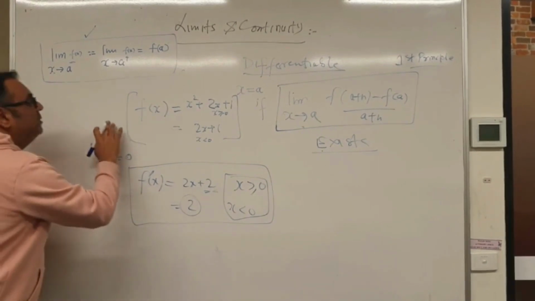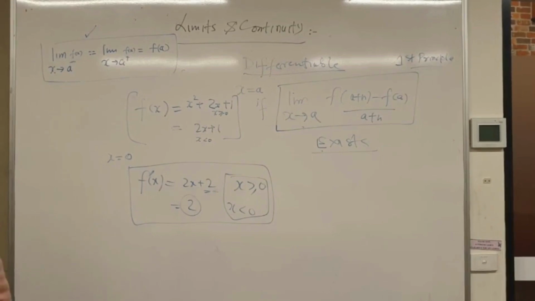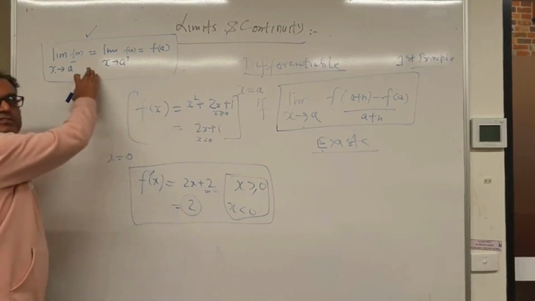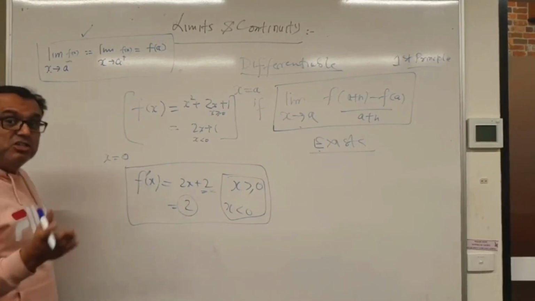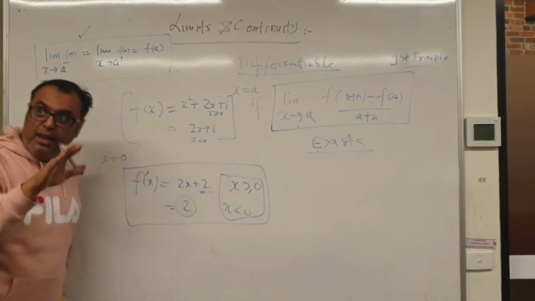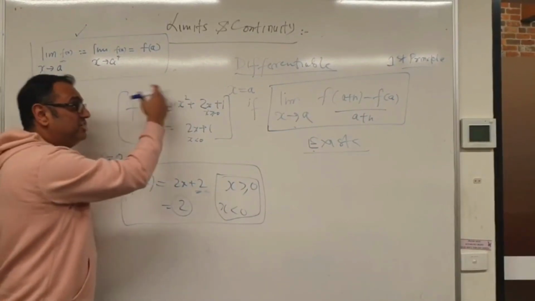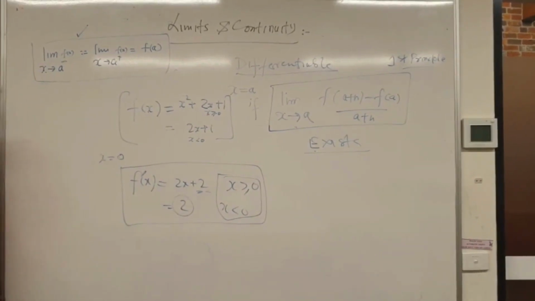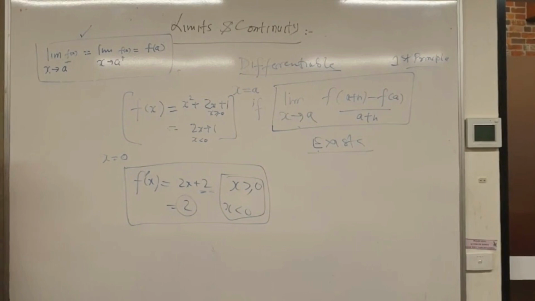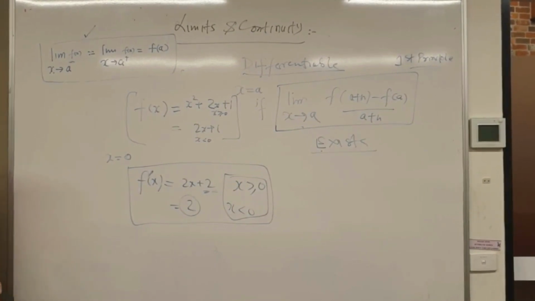One is, you'll be given f of x and asked whether this function is continuous at x equals 0 or not. Then you check this value. But if it says check whether the function is differentiable at x equals 0 or not, then you find the differential of the function and then check the continuity. Because we are checking the continuity of the differential, right?